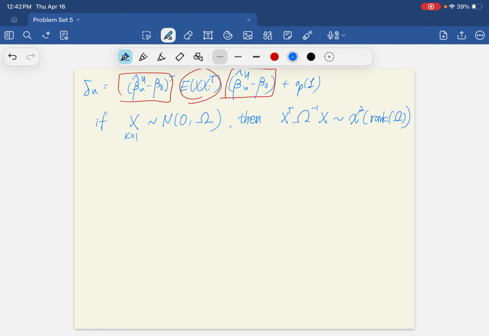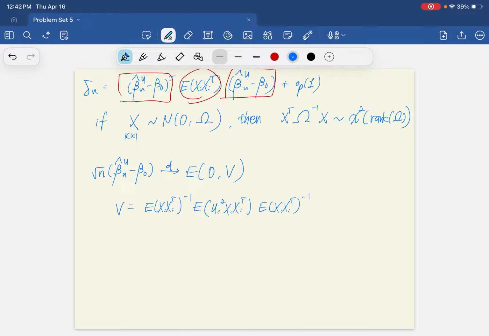And furthermore, what's interesting here is we know the asymptotic distribution of the unrestricted estimator. The unrestricted estimator is just OLS, so V is the inverse of the expectation of x x transpose, times the expectation of u_i squared x x transpose, times the inverse of the expectation of x x transpose.